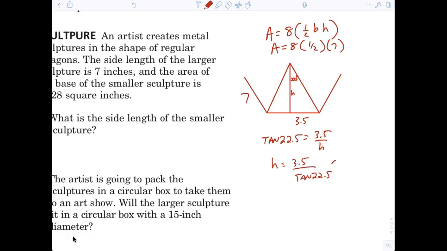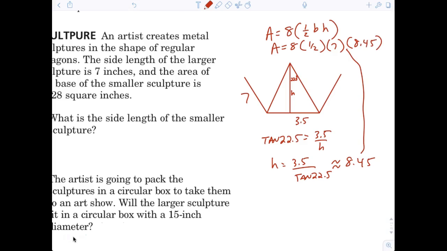Beautiful. And then someone tell me that's approximately what? 8.45. All right, so that right there is the height. So this up here would be 8.45.